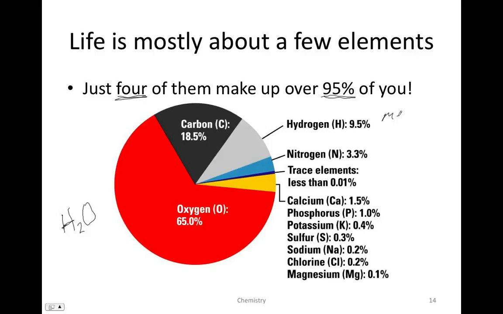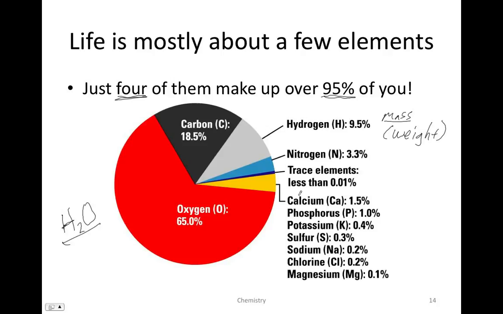This is how much of us there is, how much weight or amount of substance. So we're mostly oxygen because we're mostly water. But then we have a lot of carbon, almost 20% of us, a lot of hydrogen, again mostly because of the water, but also found in other parts of us, and then nitrogen. Those are the 4 elements, oxygen, carbon, hydrogen, and nitrogen, that make 95% of us.